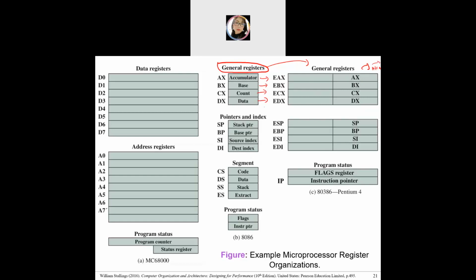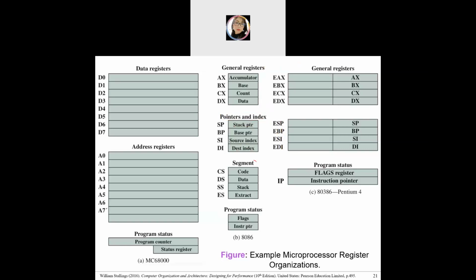You can also see you have pointers and indexes. There will be several pointers and also indexes. Stack pointer, ESP, is a stack pointer. EBP, base pointer. SI, source index. DI is destination index. So all of that have their own function.